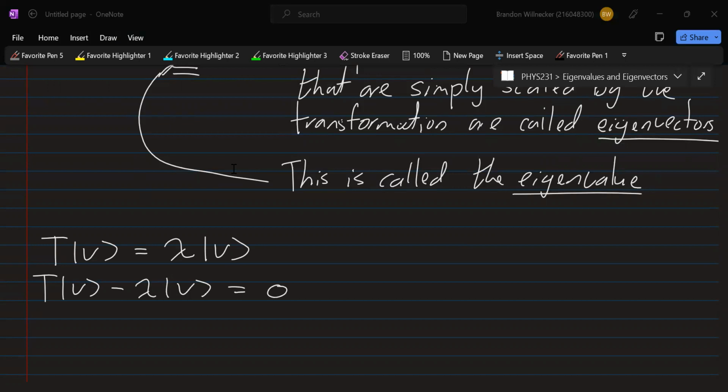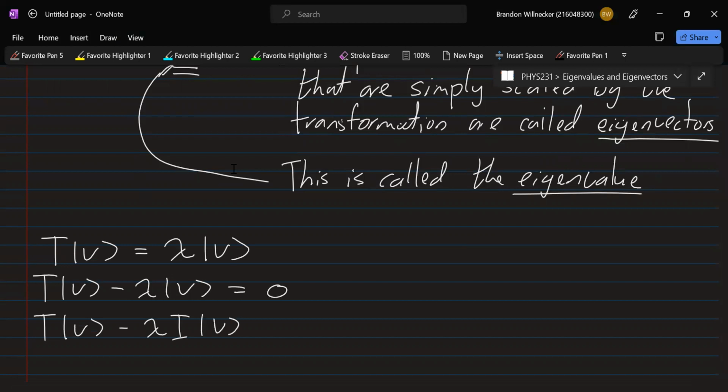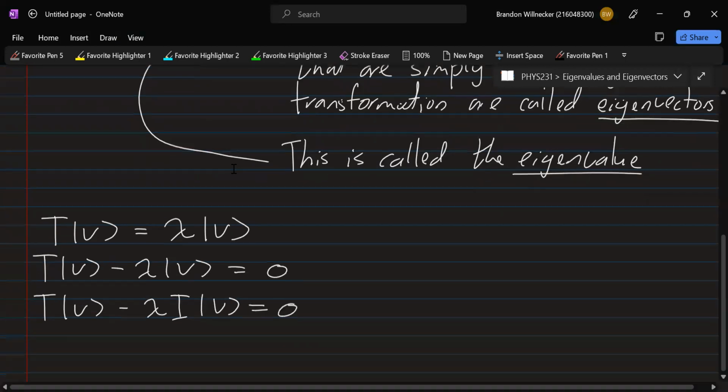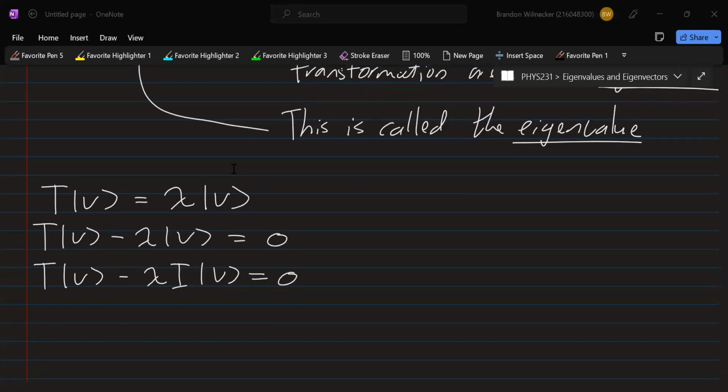Okay, now this lambda times v, I can multiply that by the identity and it won't do anything. So T of v minus lambda I v is equal to 0 still. So multiplying by the identity didn't do anything there. Now this v we can factor out onto the right.